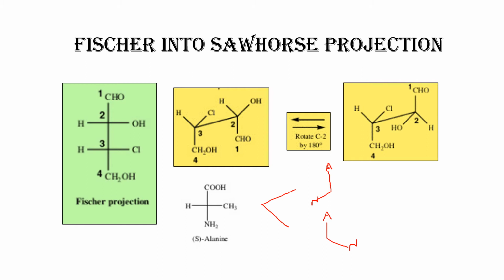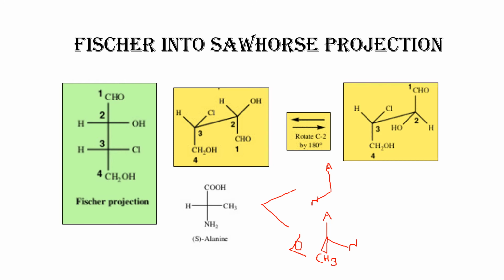And just see here, CH3 on the right hand side is there. If it is right hand side, then your view should be like this, and the solid wedge is to be like this. If CH3 is here, then you will get this one on the right side.